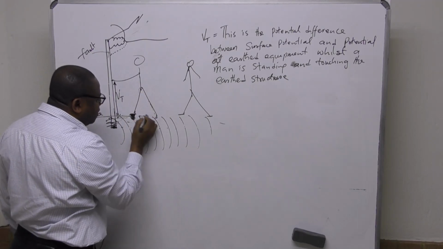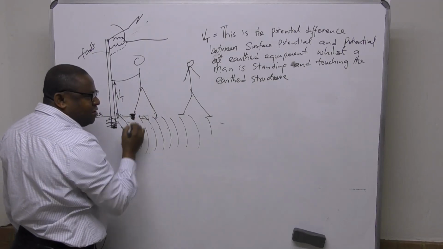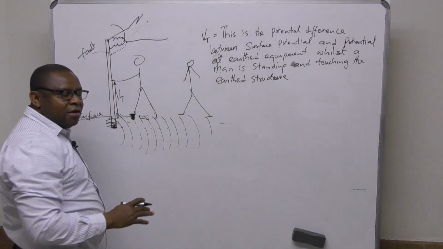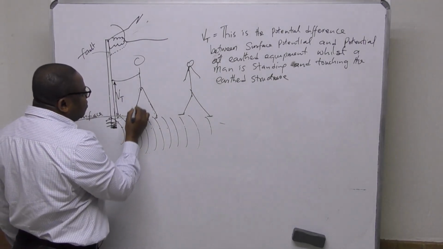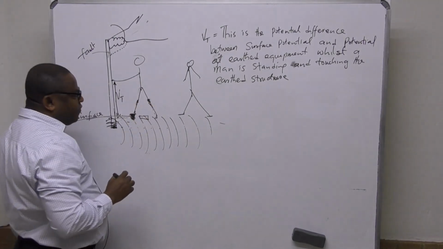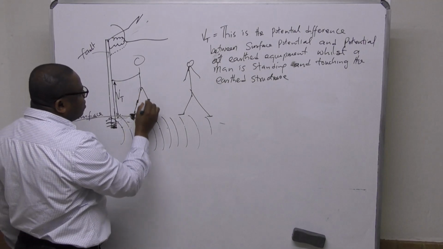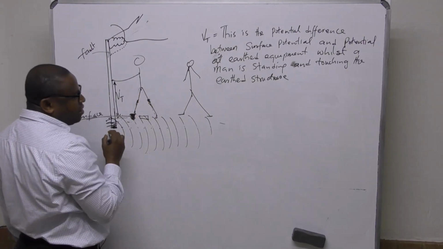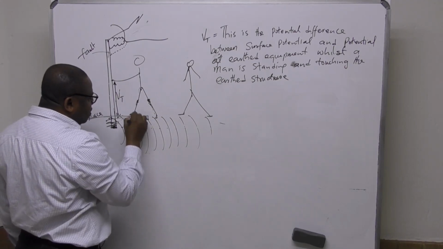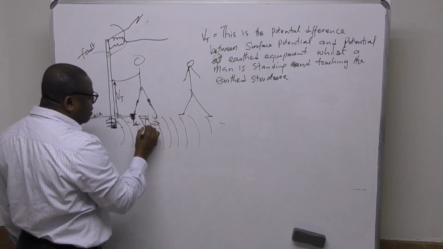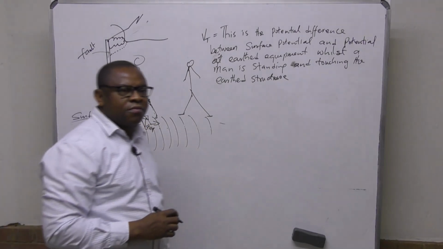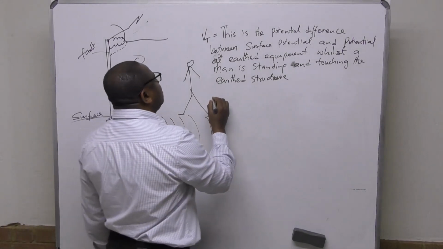If the impedance within here, maybe the resistance of the earth or resistivity, is very high, the current will say, no, let me go through this leg, because the leg has a path of low resistance, can go through here than going through there. All right. Now that voltage difference between this leg and that leg is V step. Okay, that's a step voltage.